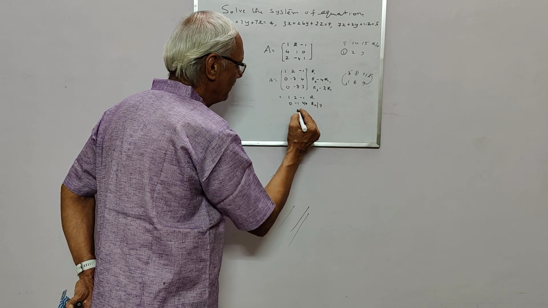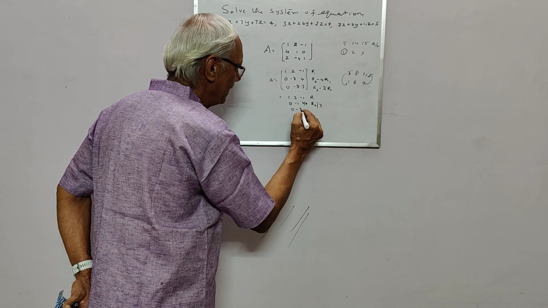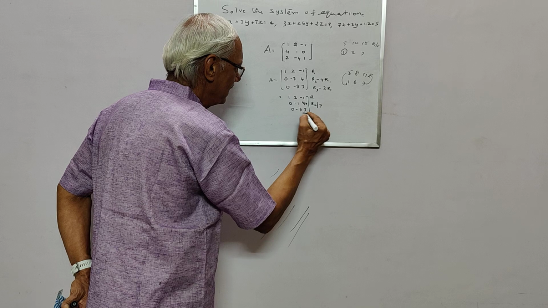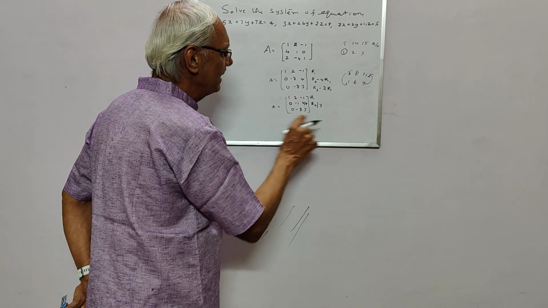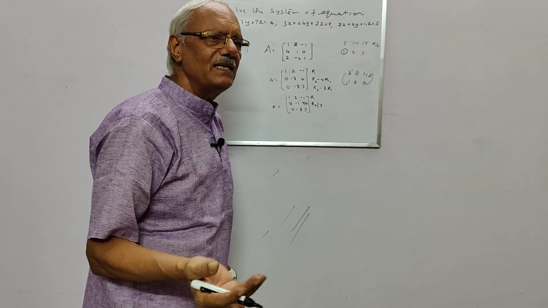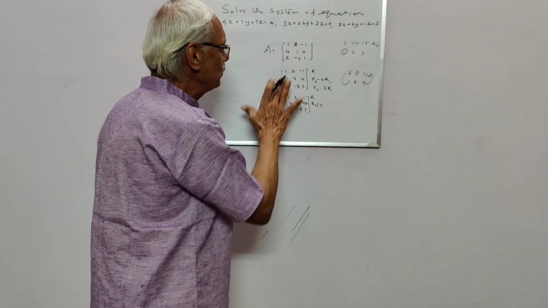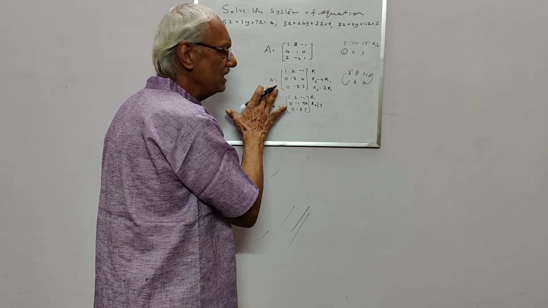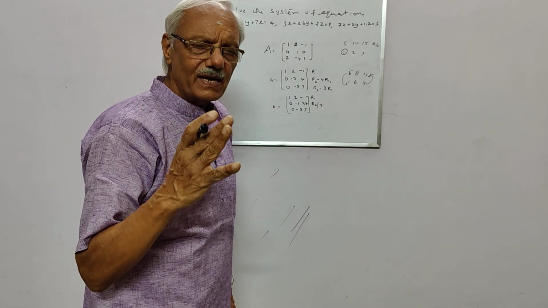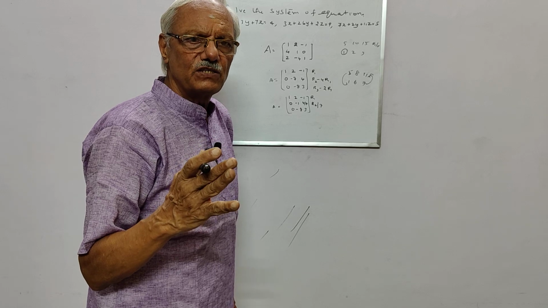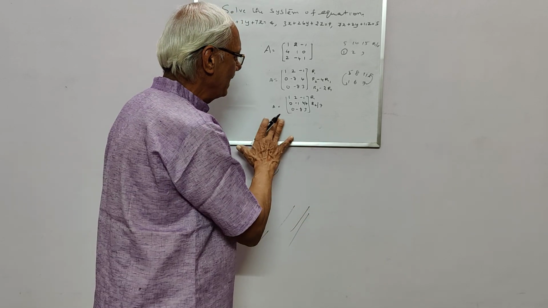R2 is divided by 7, and keep this as minus 8, 3. Are you able to catch what I am doing here? I am writing everything as A, because A is not changing. Otherwise, if you do some manipulations, this A may change, but I am telling you that the A matrix will not change, its nature will not get changed. So you see that I write only this.